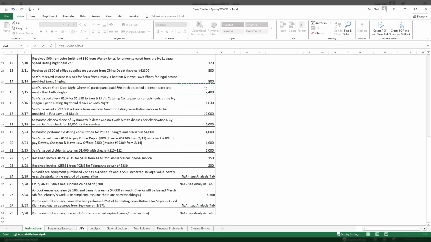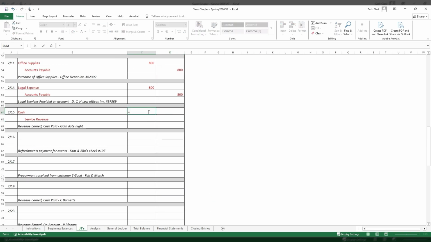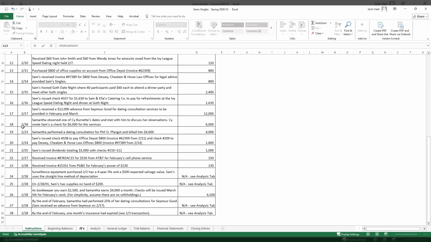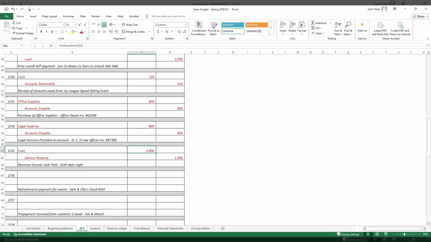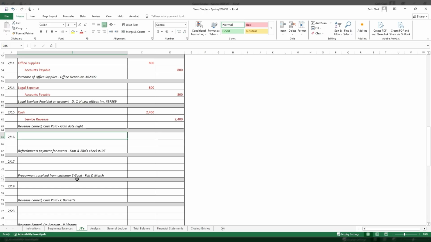So which one was that? That was here. Actually, I want to stick with my method of linking the debit and then just linking the credit to that cell. Okay. So that was the 15th. Let's just go through, make sure we've got everything good there. All right, looking good. And let's move on to the 16th.